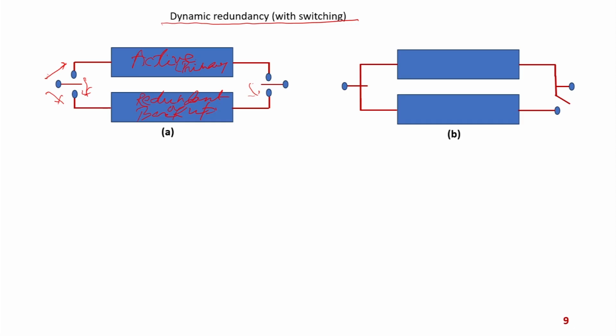So, what is our intention now? Intention is to find out the system reliability. So, what will we do? We will consider first this one, then we will do this one in the next lecture session.